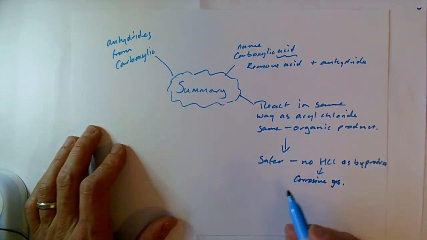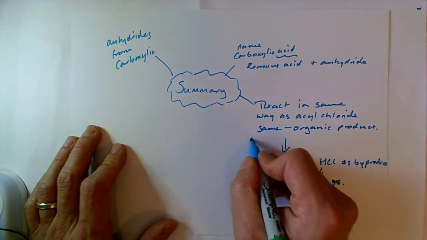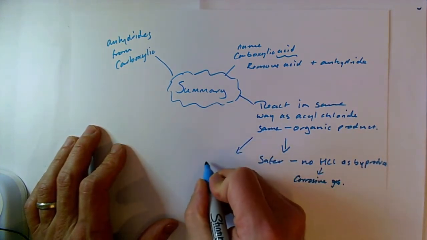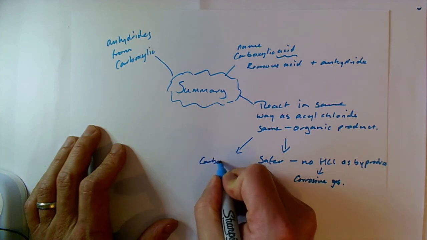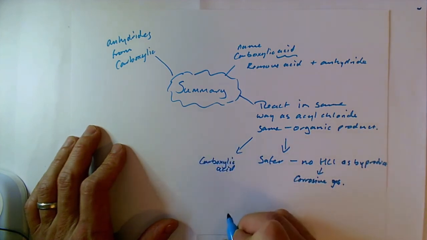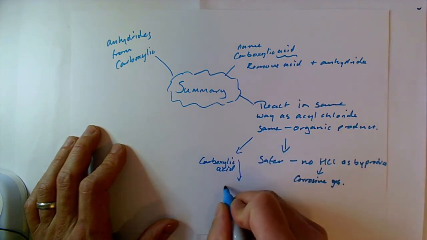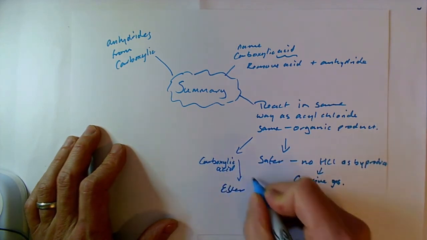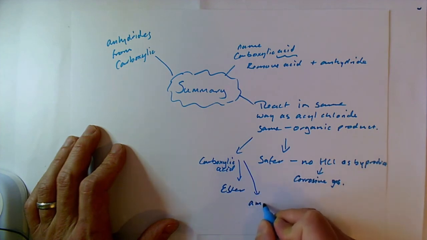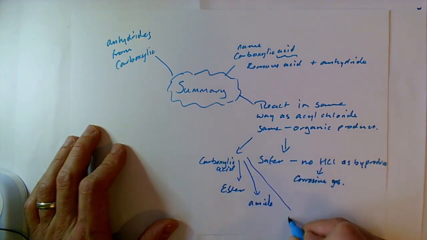And we can use them to produce carboxylic acids in the reaction with water. Why you'd do that, I don't know. We could use them to produce an ester, an amide, and an N-substituted amide.